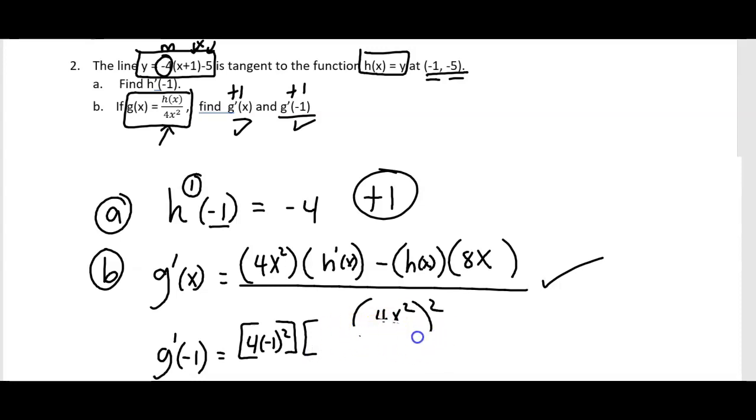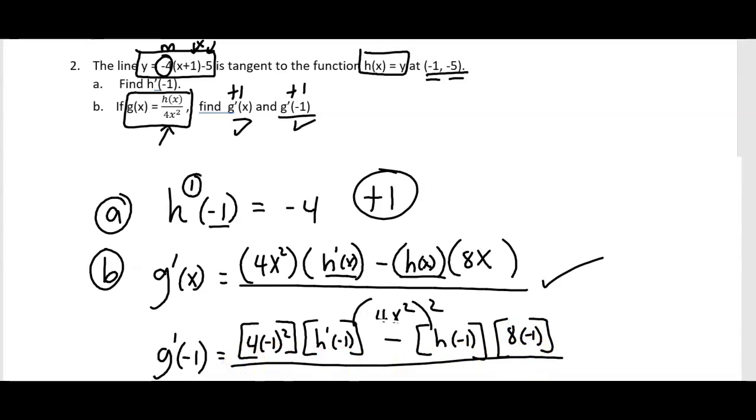And then here we're going to have h prime of -1 minus h of -1, I should say. And then 8 times -1. Actually, I shouldn't say finally because we have the bottom also, right? That's 4 times -1 squared, and all that is being squared.